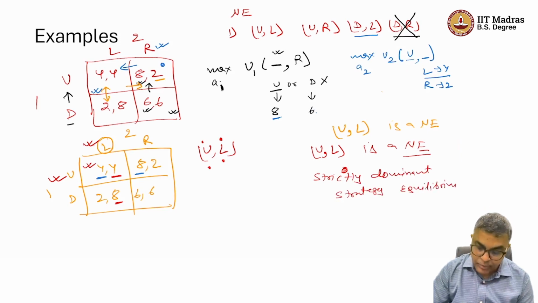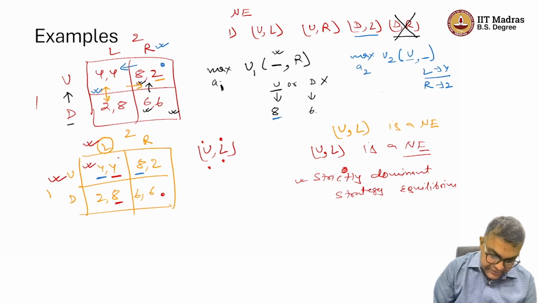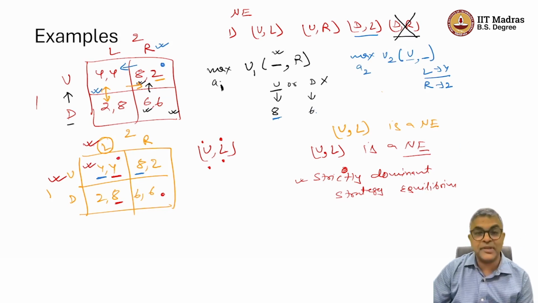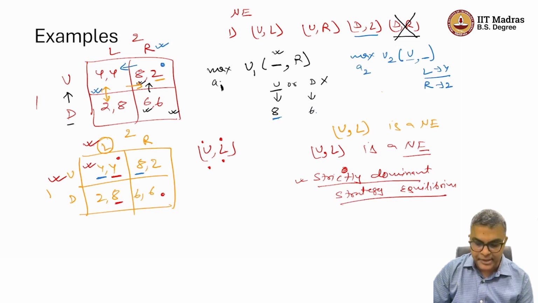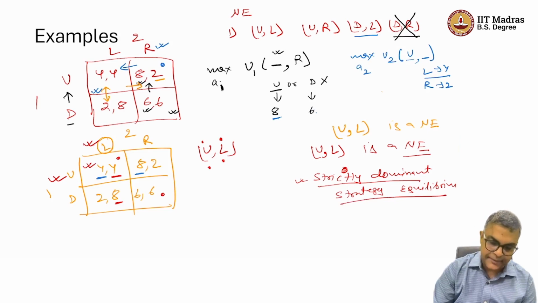Let us say if we had obtained this box as a strictly dominant strategy equilibrium, and this box as Nash equilibrium, then there would have been a contradiction. But anyway, we will discuss the relationship between strictly dominant strategy equilibrium and Nash equilibrium later. But what I am saying is, it is a good thing that both are pointing in the same direction.